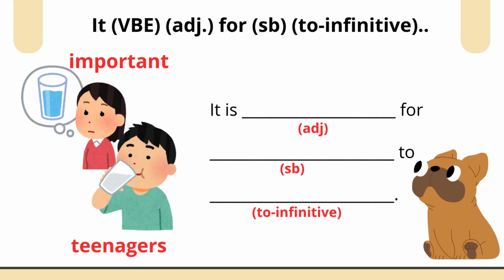As shown by the question, it is important for the teenagers. To do what? As shown by the question, they are drinking water, and that's why the complete sentence will be: it is important for teenagers to drink water. Full stop. And that's the complete sentence.